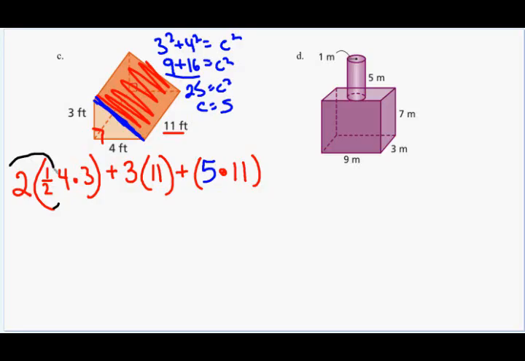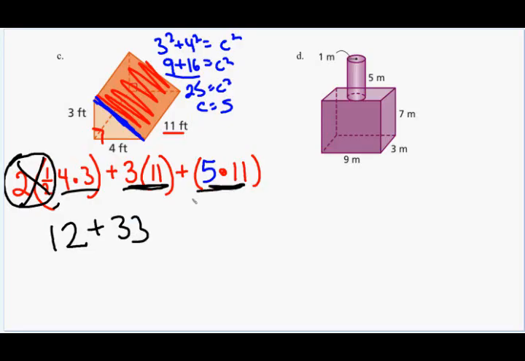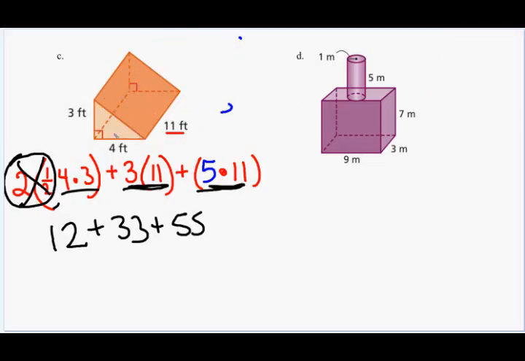So here, 2 times 1/2, that's 1, so that's gone. 4 times 3 is 12. 12 plus 3 times 11 is 33. And then we've got 5 times 11, that's 55. Oop, and I think I forgot something. The bottom of the box. I was so busy scribbling over stuff, I kind of forgot.